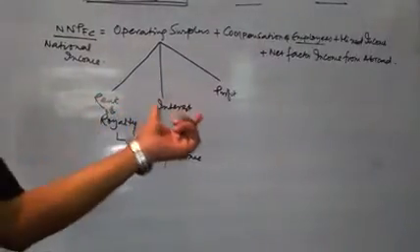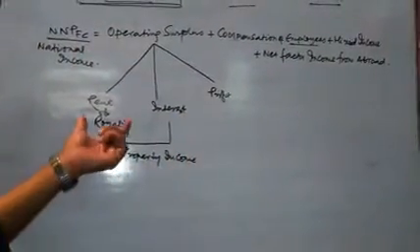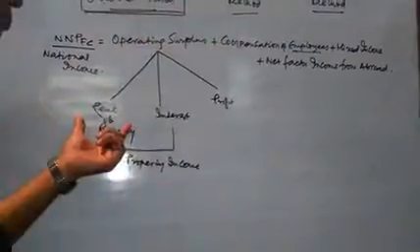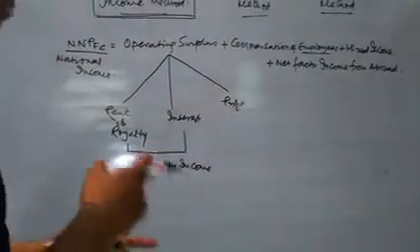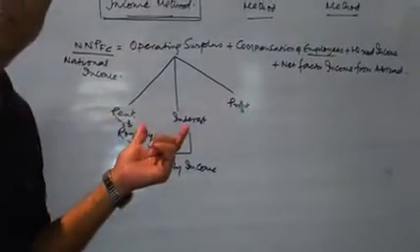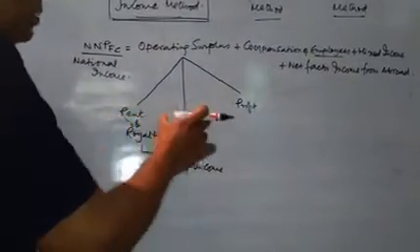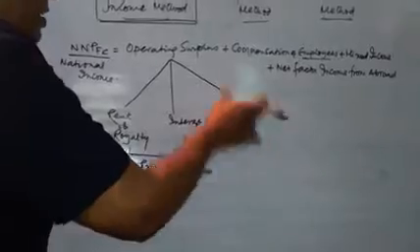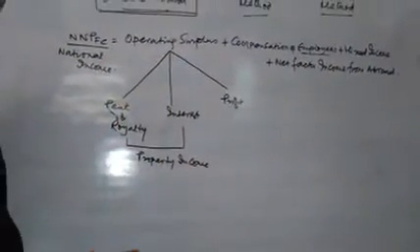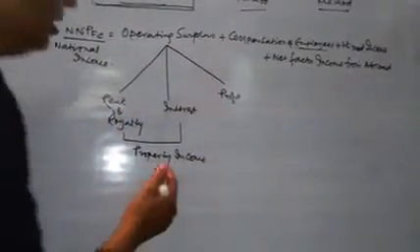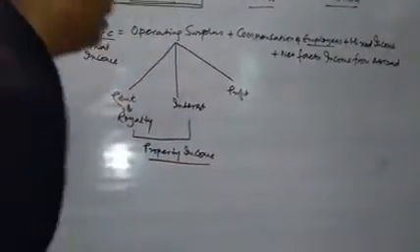That means rent plus interest. In many numericals, we don't find any royalty. But if royalty is given, it will also be included along with the rent. That means rent plus interest plus profit in general is the operating surplus. This rent and interest, or rent and royalty and interest, is known as the property income.